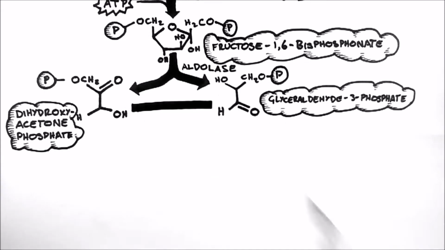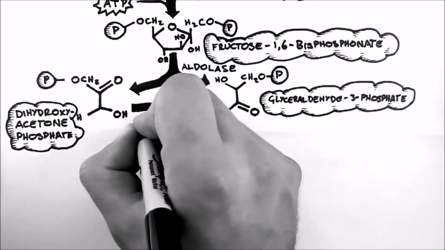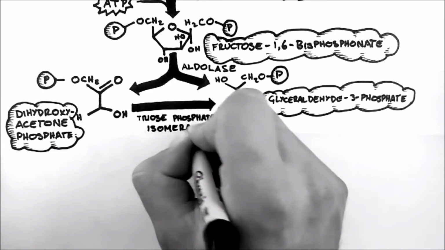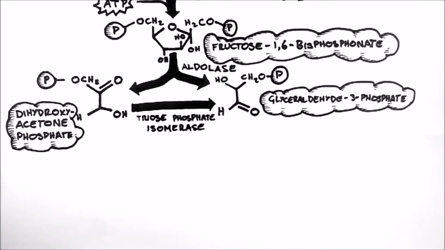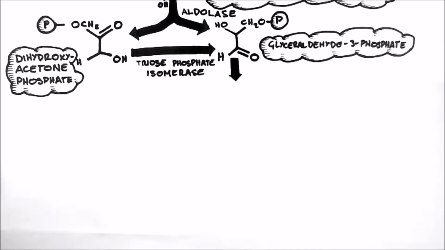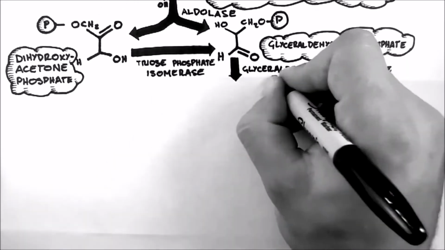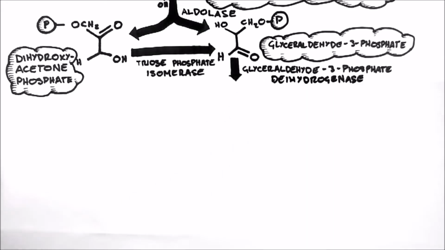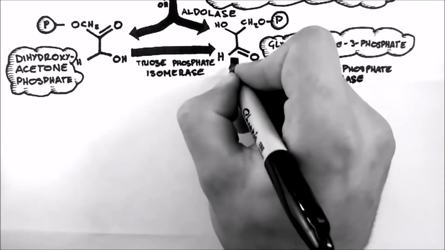The next step is conducted by another isomerase, the triose phosphate isomerase, and this converts the dihydroxyacetone phosphate into glyceraldehyde 3-phosphate. The next enzyme we meet is glyceraldehyde 3-phosphate dehydrogenase. The dehydrogenases move a hydride ion, that is H-, onto an electron acceptor such as NAD+ or FAD.